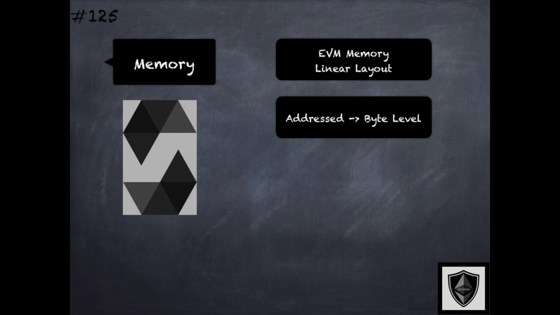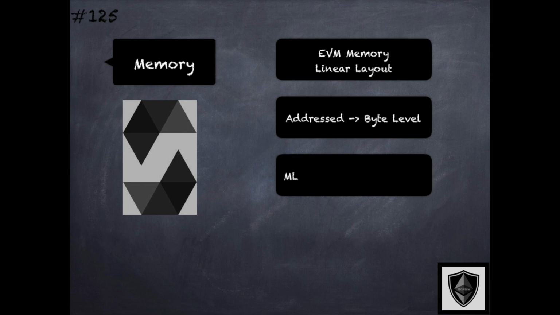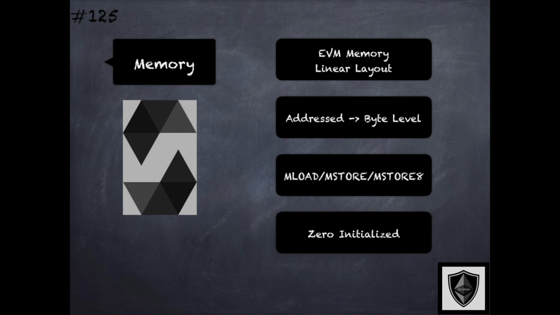And memory locations can be addressed at a byte level. The EVM instructions that are used to access memory are mload and mstore, that operate on the word size, that's 256 bits. And if one wants to store a single byte from the stack to memory, one can use the mstore8 instruction. And again, all locations in memory are zero initialized.